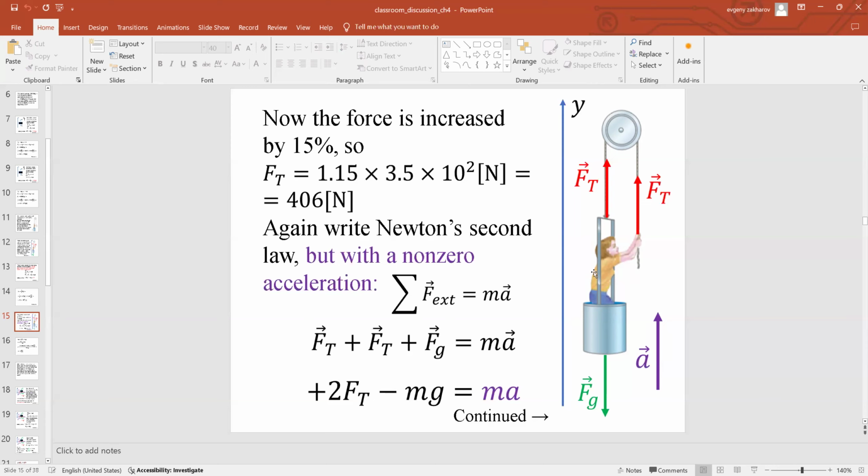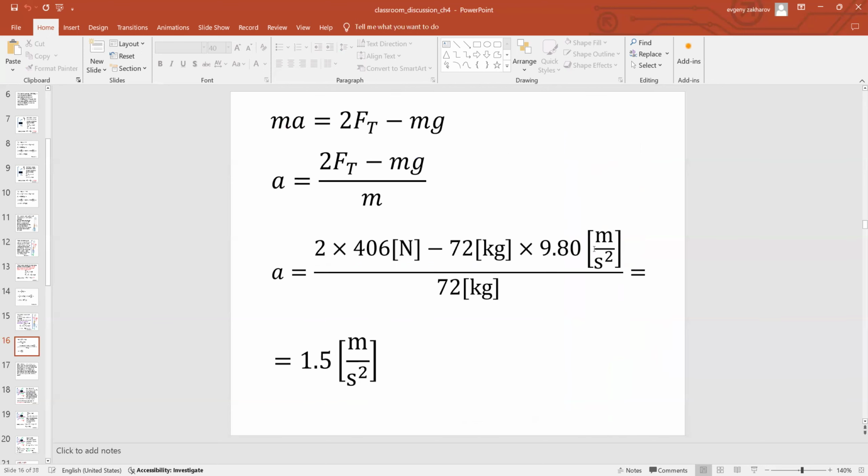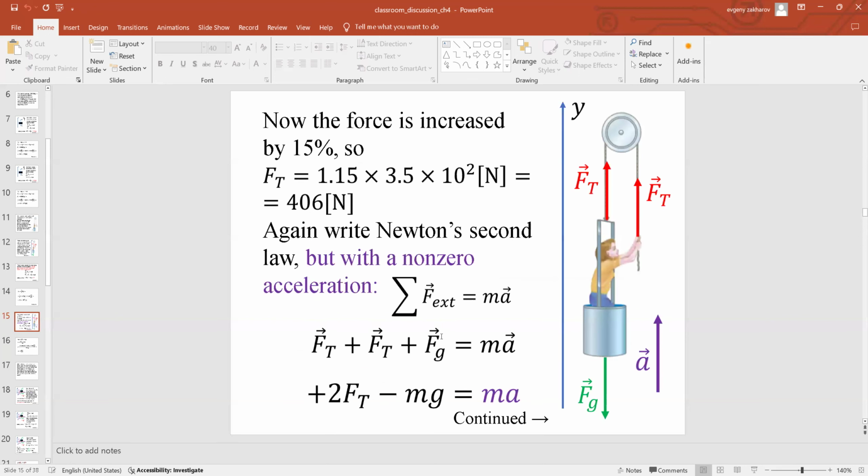You do have gravity downward, but tension wins because the lady propels it upward. So acceleration has the same direction as the net force, upward. And 1.5 is less than 9.8, so that's reasonable. That's not out of this world. So totally reasonable answers.